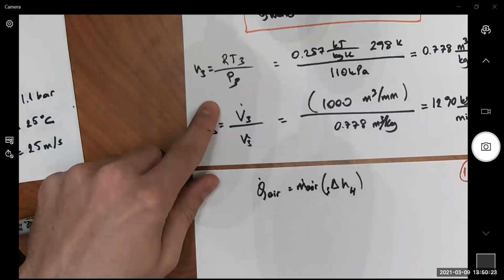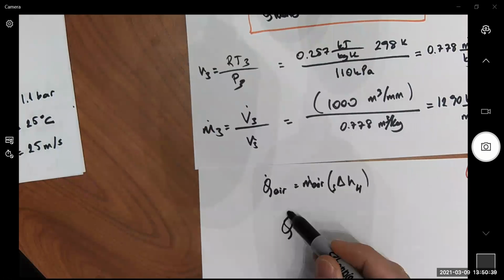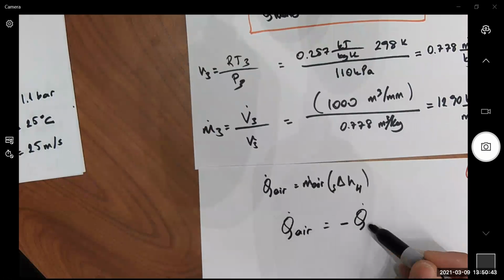What is my Q air? Do I know my Q air? It's a positive 81.1. Right. So Q air is minus Q water.